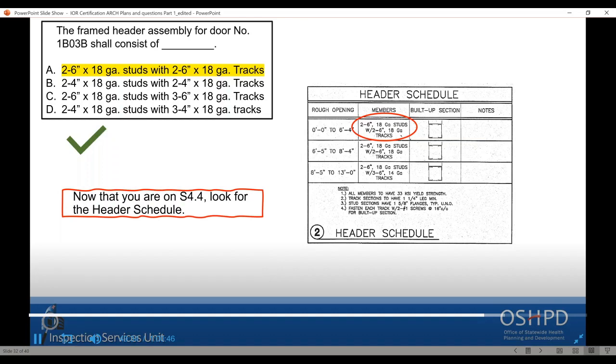Once you click there, on the left-hand side, in blue, it says Webinars. So click on Webinars. Scroll down to the Inspection Services Unit section of that page. Under Inspection Services Unit, after the plan reading webinars, you'll see Hospital Inspector Certification Exam Prep, plan reading section.